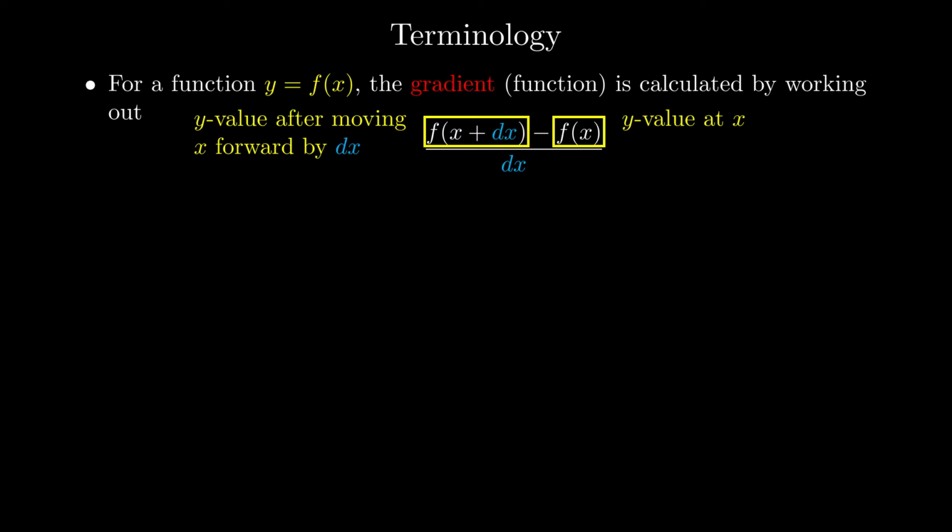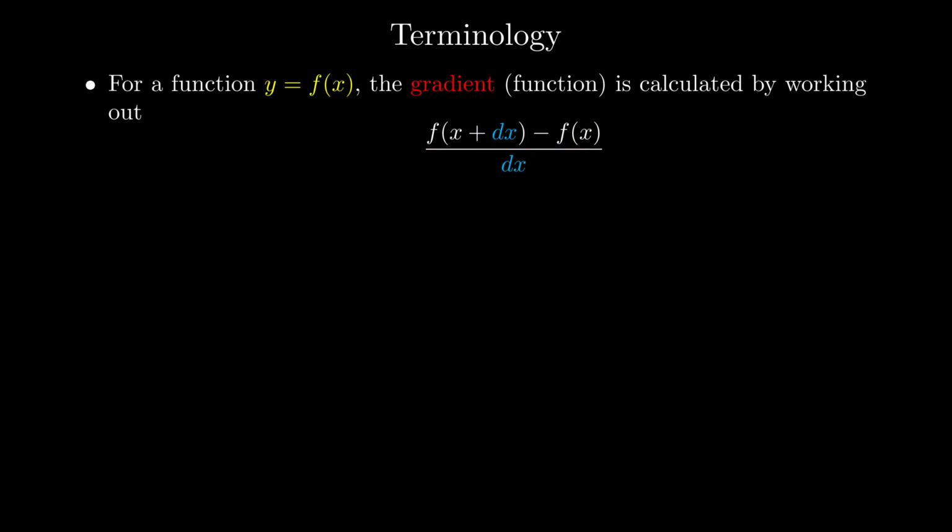And so when you subtract those, you're really subtracting some old y value from some new y value after moving x forward by dx. And so the whole top here in this fraction is just expressing some difference in y values. We call that dy. Okay, so I hope you're satisfied that this is just using some function notation to express that idea of change in y over change in x, dy over dx.